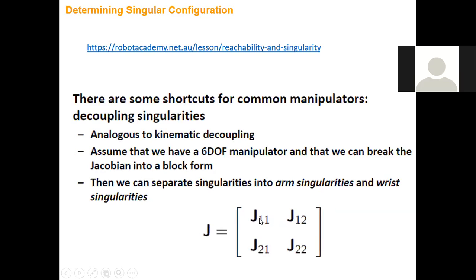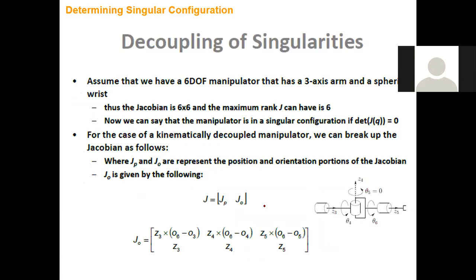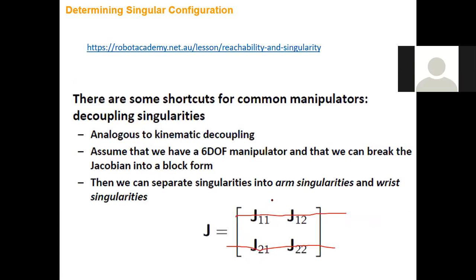So this is the linear part and this is the angular part. Similarly, we have position and orientation portions also. This is the position part of the Jacobian, and this is the orientation part, meaning this is for the arm and this is for the wrist. So: arm, wrist, linear, angular.